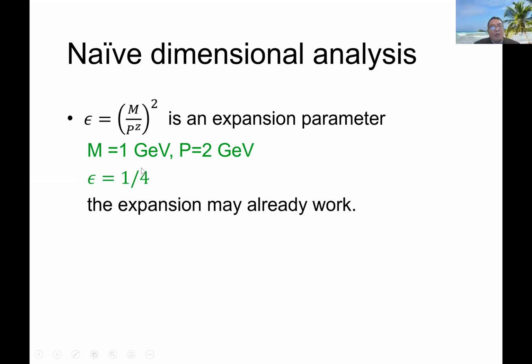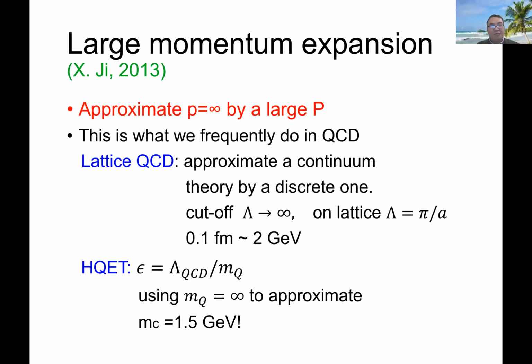And 1/4 is not a bad expansion parameter, because people talk about large N_c QCD, and N_c equals 3 for QCD. So 1/3 is already a good expansion parameter, and a quarter should be better. So that's kind of very naive thinking.